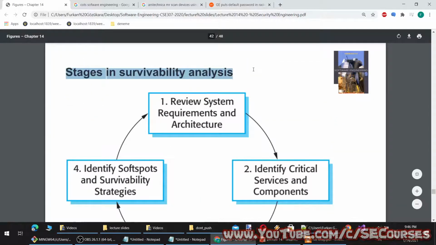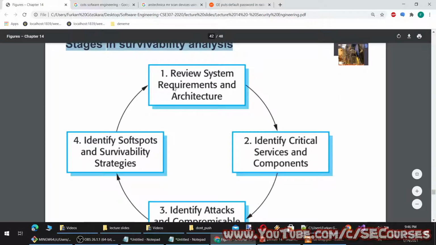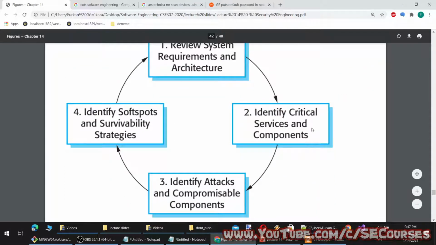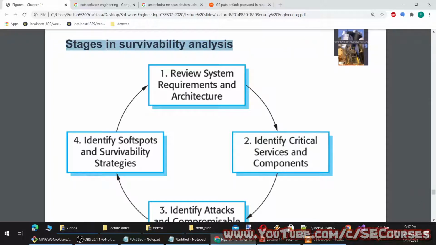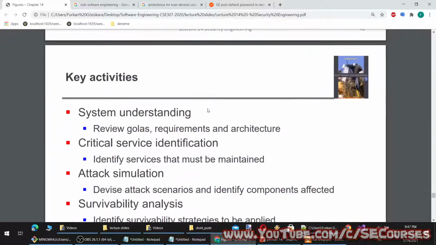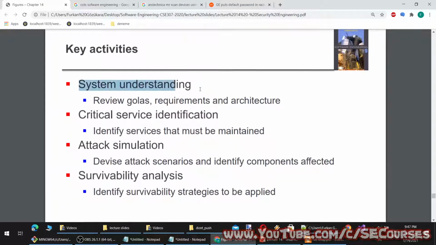Okay, stages in survivability analysis. Review system requirements and architecture, identify critical services and components, identify attacks and compromisable components, identify soft spots and survivability strategies, then again review system requirements and architecture. So it is an iterative process: you analyze, take action, review again, analyze, take action, review again, and so on. So the key activities are system understanding: review goals, requirements and architecture.